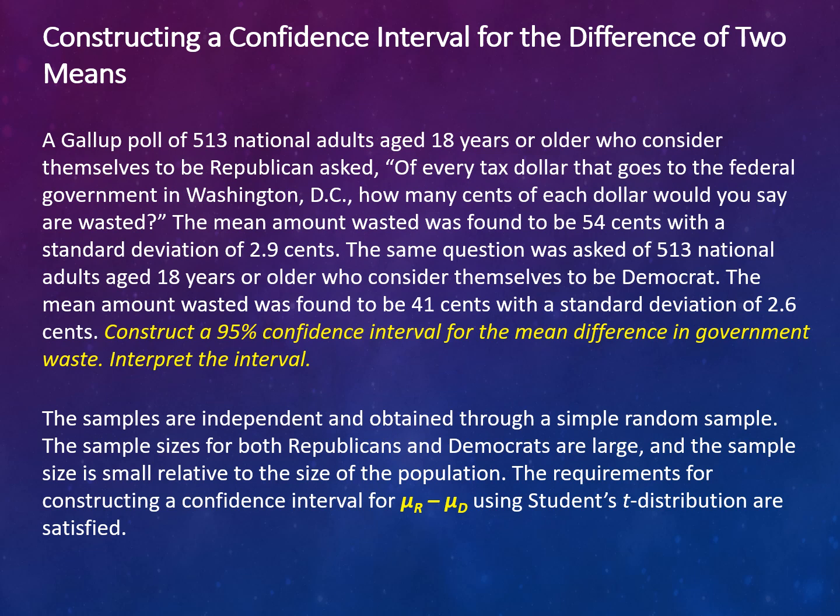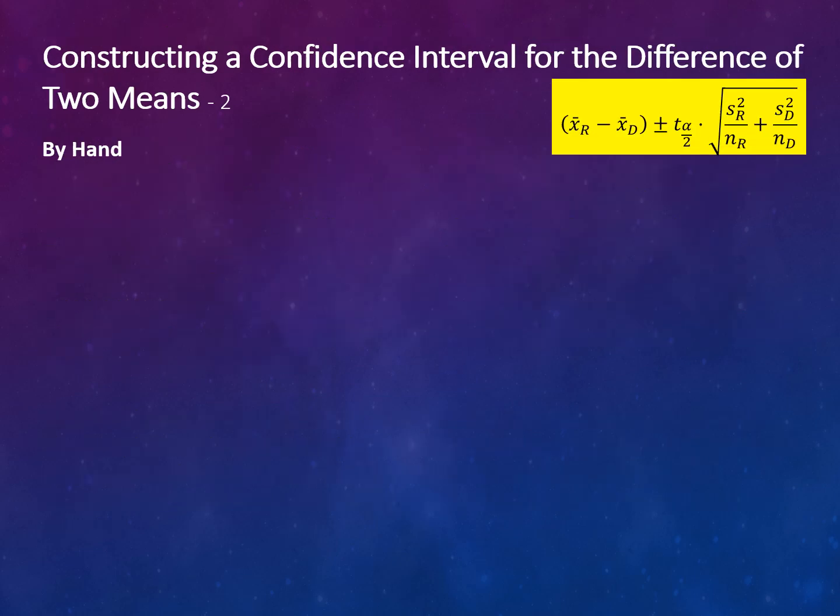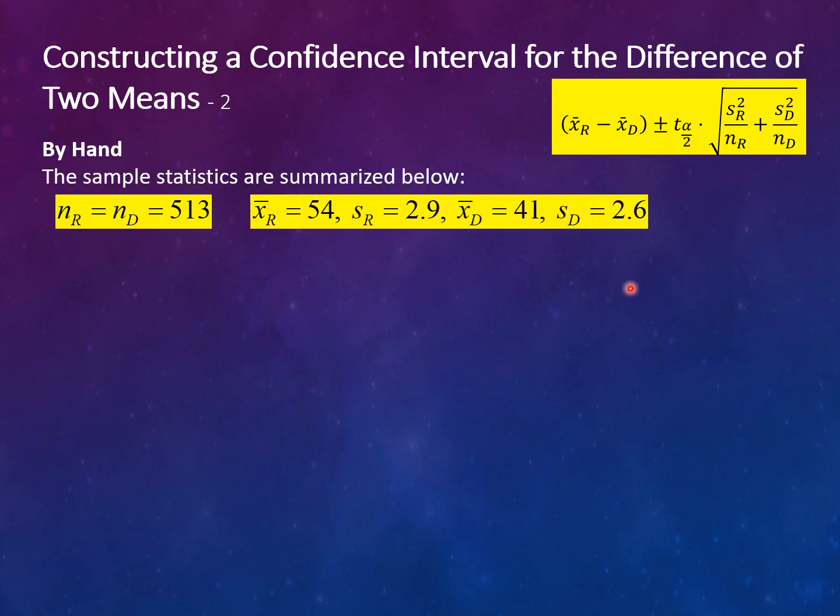Therefore, the requirements for constructing a confidence interval for mu Republican minus mu Democrat using the Student's t distribution are satisfied. So here's the formula again for the upper and lower bound. Remember, the upper is with plus, the lower is with minus. The statistics that we can see from before: the number in the sample was 513.